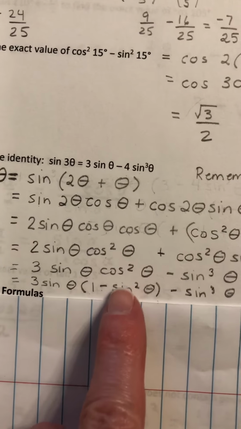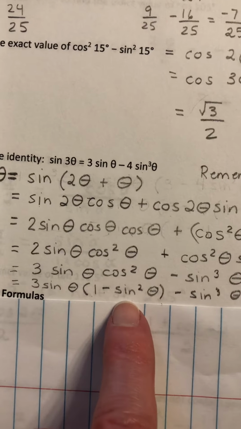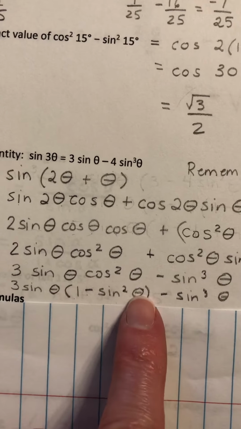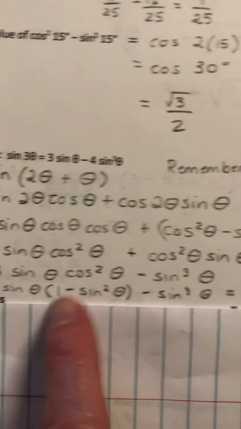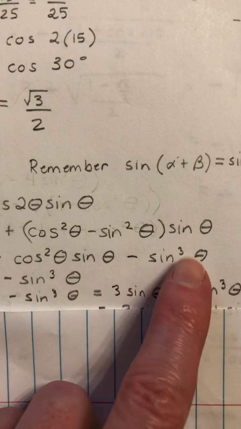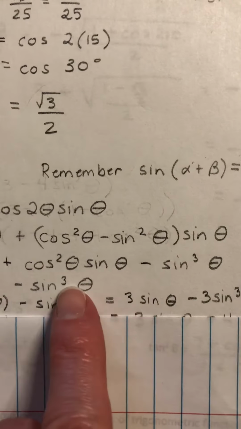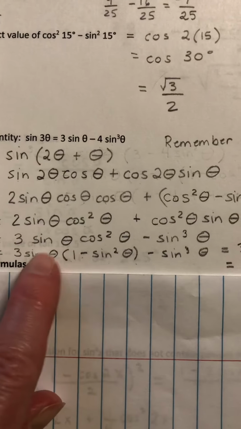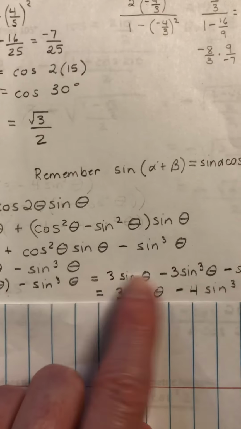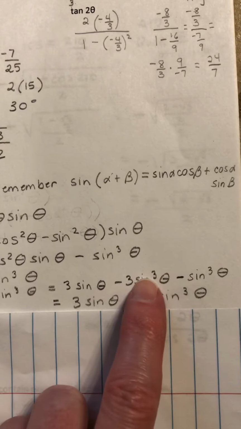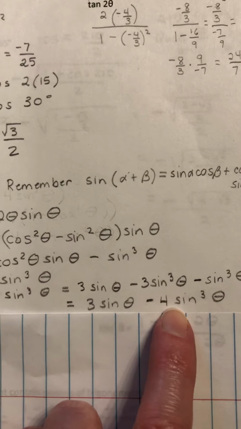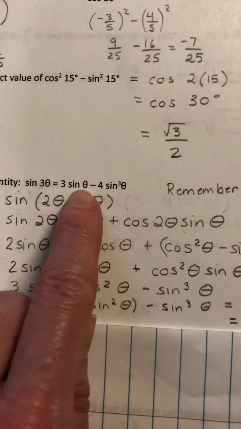Then I use the Pythagorean identity to replace cosine squared theta with 1 minus sine squared theta. So now I'm all in terms of sine. And then this sine cubed theta, I just keep bringing it down. At this step, go ahead and distribute the 3 sine theta. And then notice I have like terms that I can put together. And then that is now equal to this.